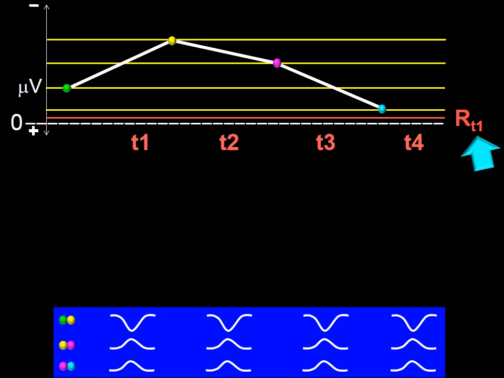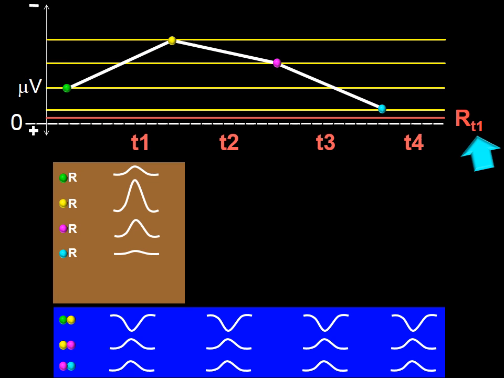Let us imagine that the value of the reference electrode at time 1 is close to the zero line, representing the minimal negativity in the field. We would get no phase reversal in such conditions.